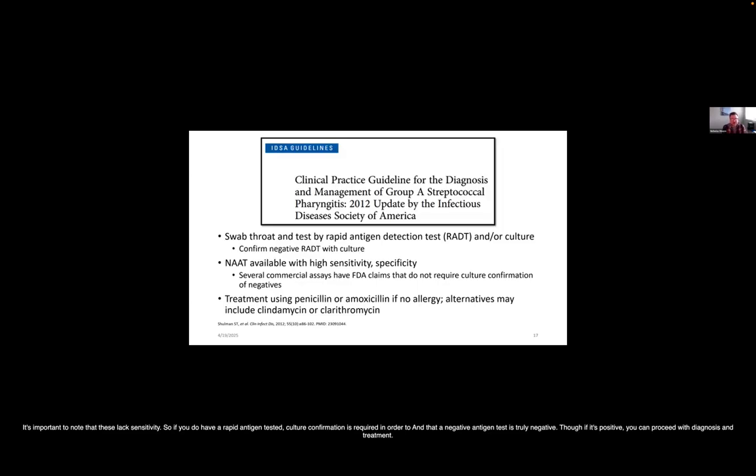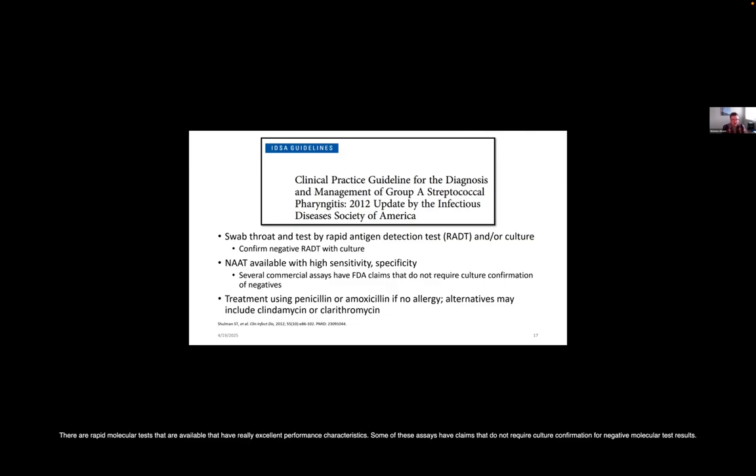So if you do have a negative rapid antigen test, culture confirmation is required to confirm that it is truly negative, though if it's positive, you can proceed with diagnosis and treatment. There are rapid molecular tests available that have really excellent performance characteristics. Some of these assays have claims that do not require culture confirmation for negative molecular test results. Penicillin or amoxicillin is the recommended therapy, especially if there are no allergies in the patient, though there are alternatives which include clindamycin or clarithromycin.